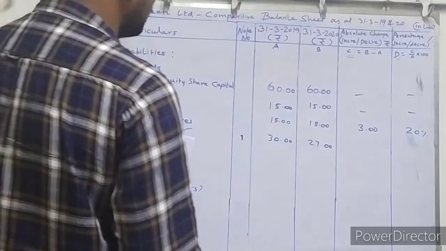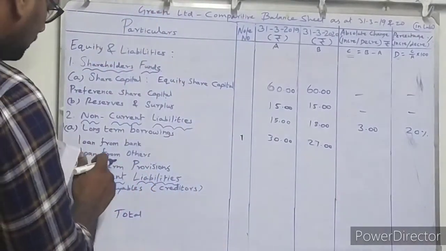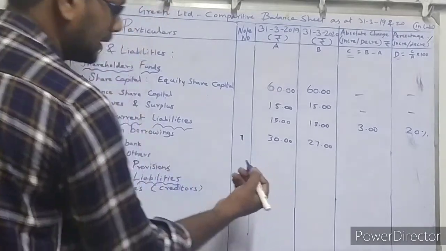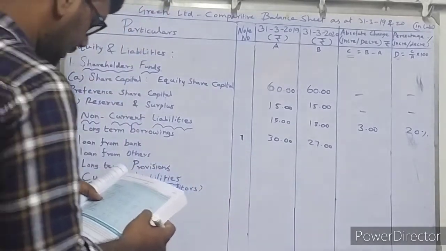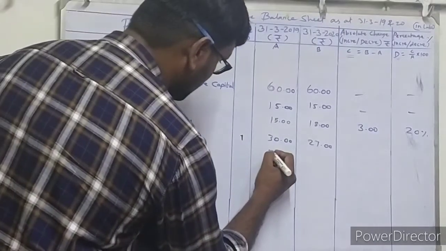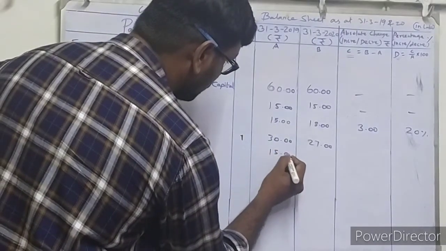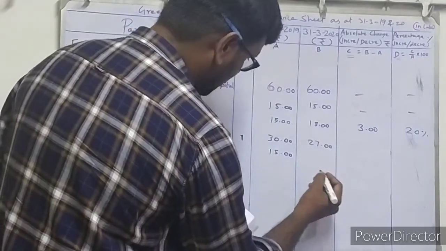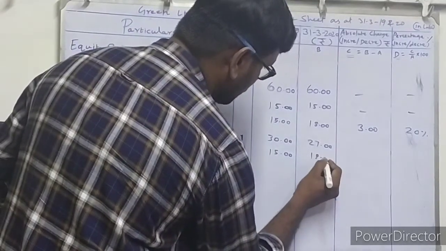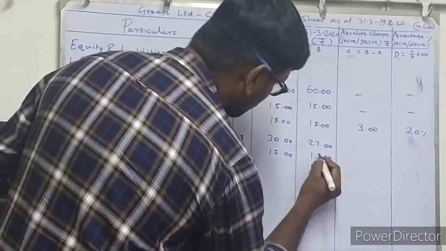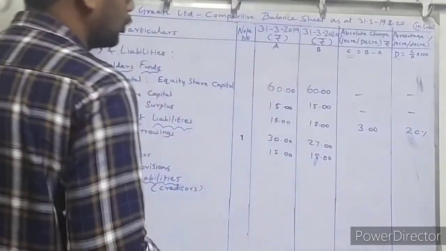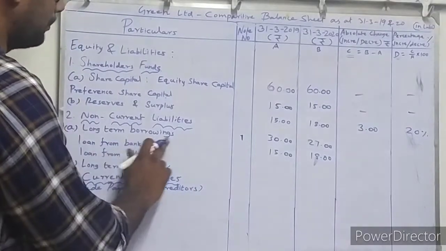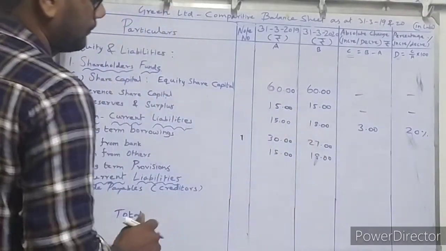At the same time, loan from others, meaning other creditors, is 15 lakh for the previous year and 18 lakh for the current year.